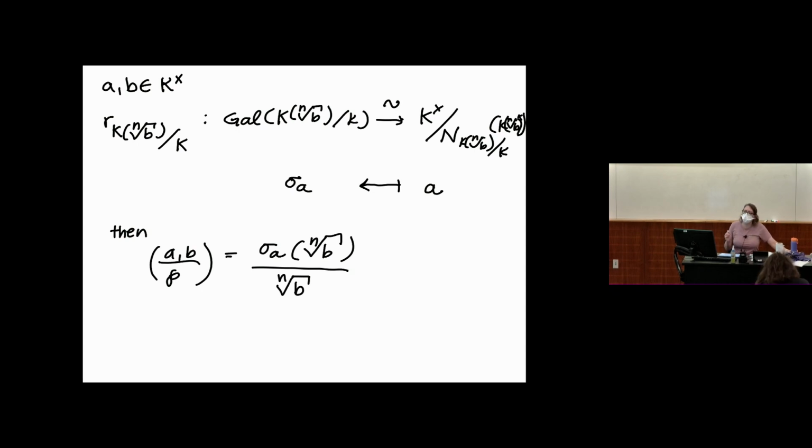I'll say just one more tiny thing. When n is equal to 2, mu 2 is just plus or minus 1. That's in Q_p, so we don't need to deal with any extension.